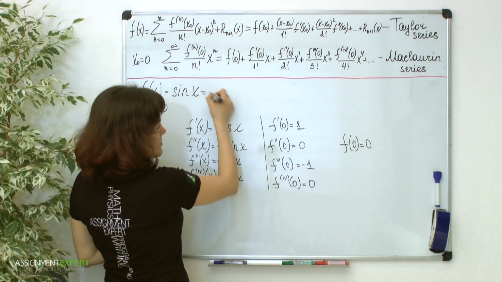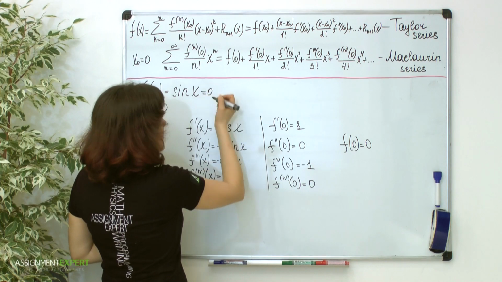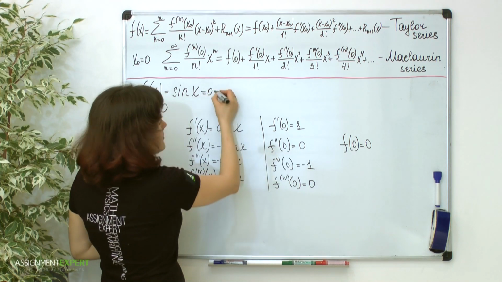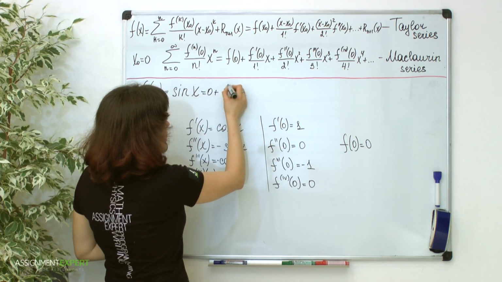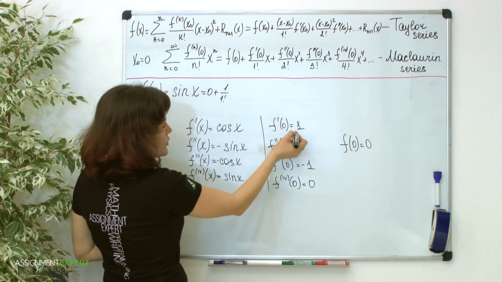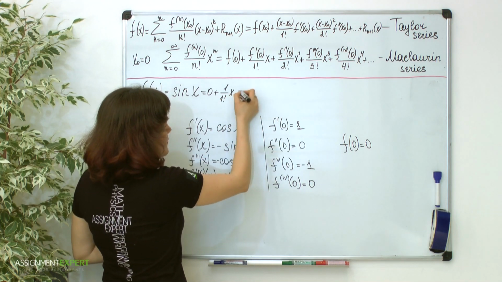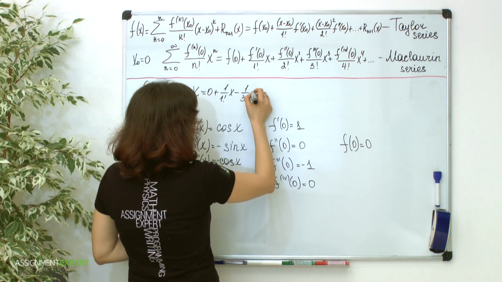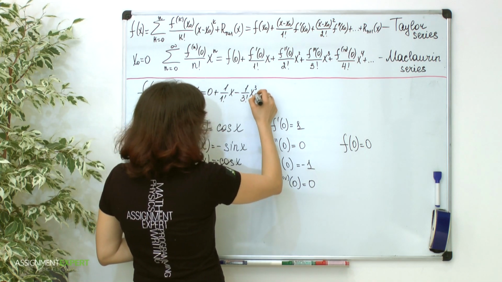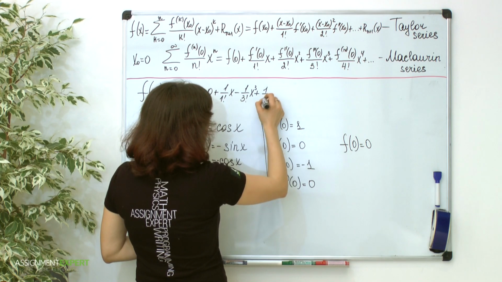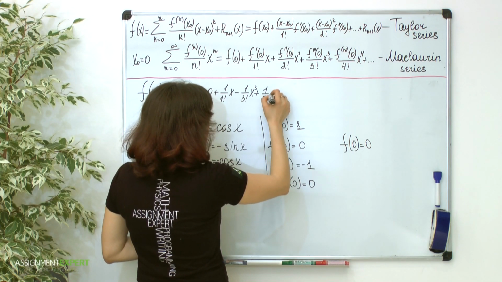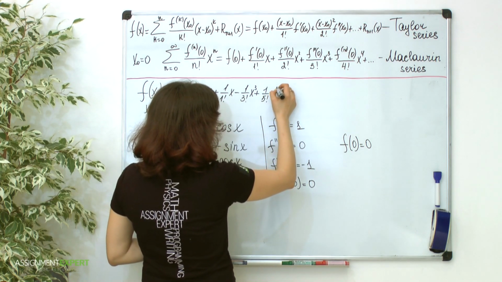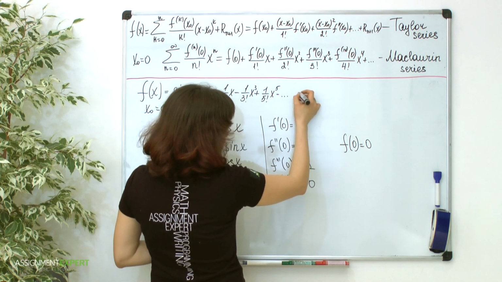Sine of x equals 0 plus 1 over 1 factorial times x minus 1 over 3 factorial times x cubed plus 1 over 5 factorial times x raised to the 5th power minus and so on.